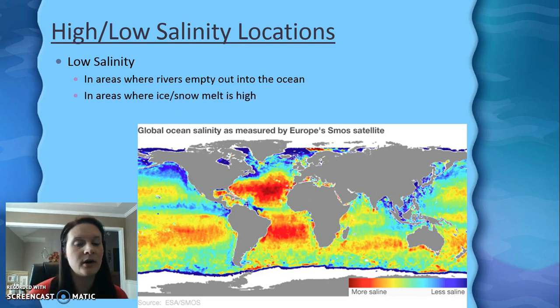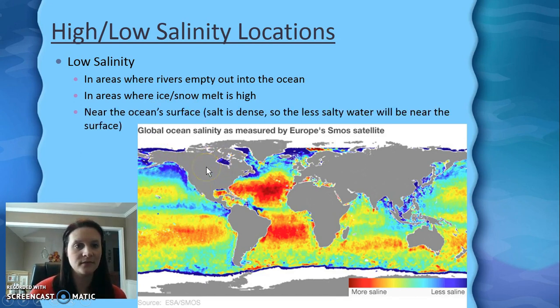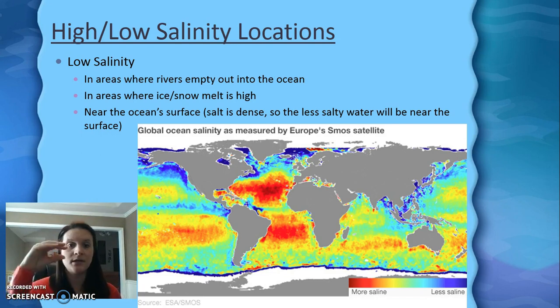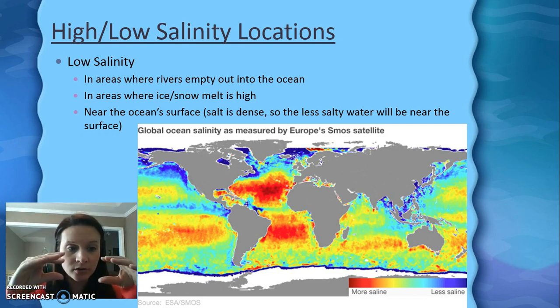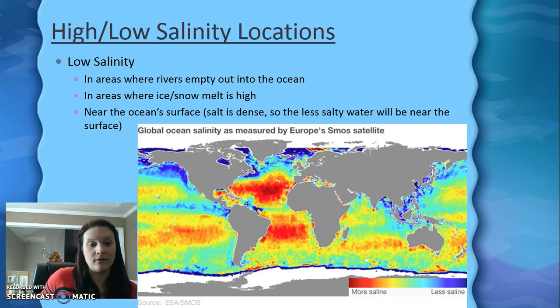Also in areas where you have a large amount of ice or snow melt occurring, so that would be higher up in the polar regions like around Alaska. And then also just simply around the surface of the water, because salt is more dense than fresh water.